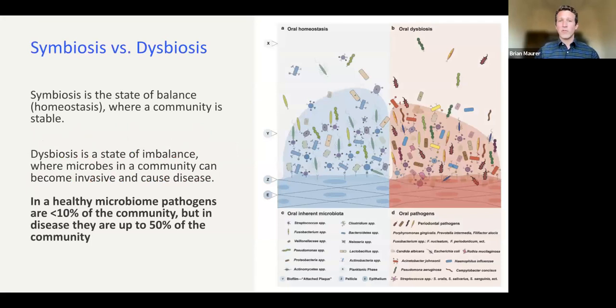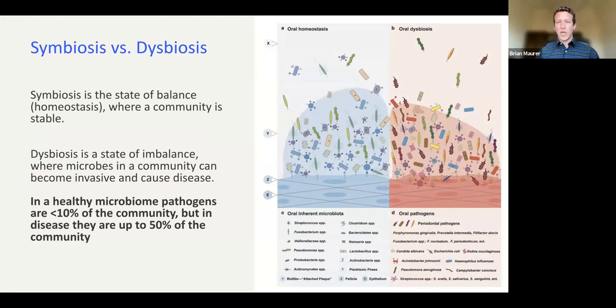And when we talk about oral disease and the oral microbiome, what we're really getting at is this idea of symbiosis or homeostasis versus dysbiosis. So symbiosis, as we know, we have not just the bad bacteria in the mouth, we have the good as well.